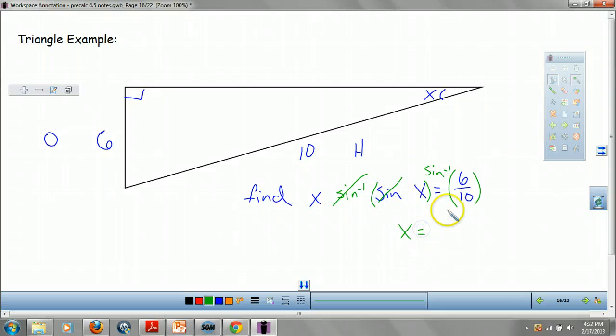We get x equals, I need to grab my calculator. It was behind the laptop. So we do second sine inverse of 0.6, and we get x is about 36.87 degrees. And that's all there was to it.